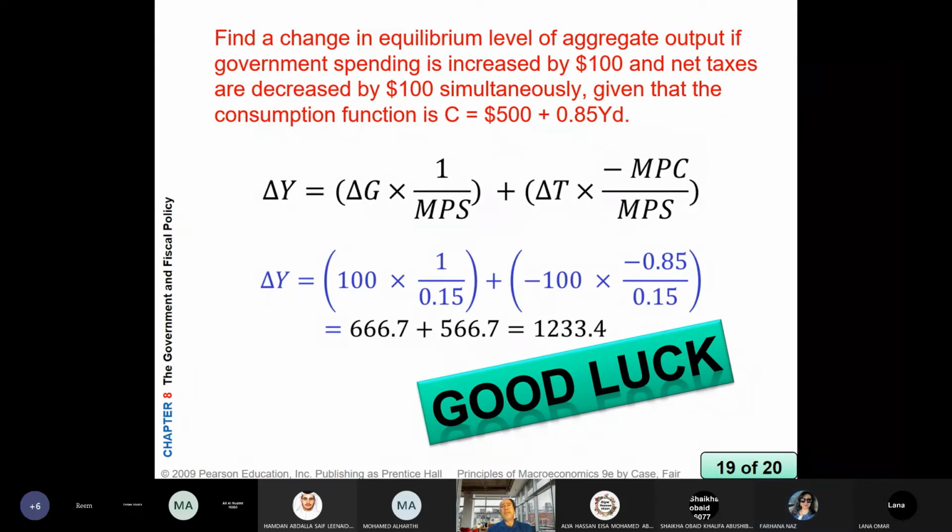So let me ask you here, calculate delta Y, the change in equilibrium level of aggregate output. So can I use the balanced budget multiplier? I need a clever student to tell me whether I can use the balanced budget multiplier of 1 or I cannot.